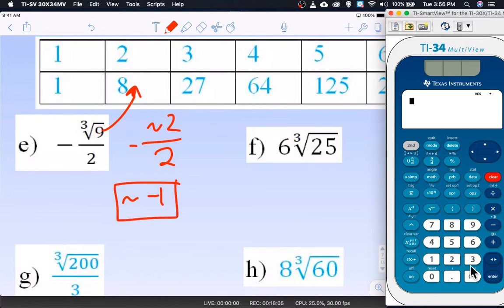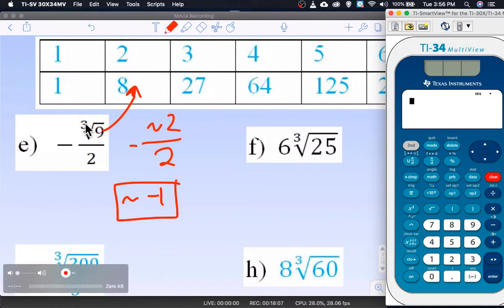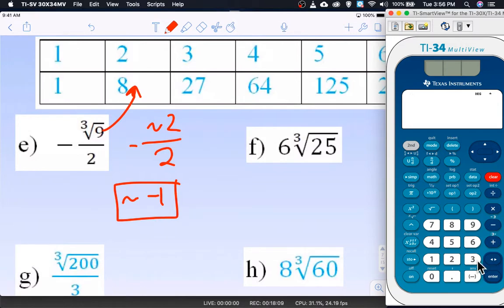Now, just to show you how close we really are, in case you didn't even know how to type in a cube root in your calculator, the steps are this. You're going to hit 3, second, caret. If you look above this caret key, you see how it has x square root? Whatever you put in first, when I hit the 3 first, that put that 3 in that x.